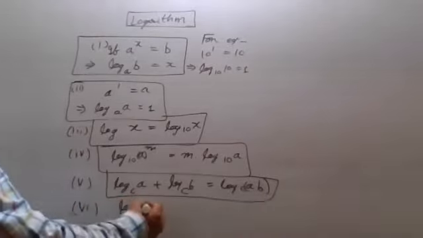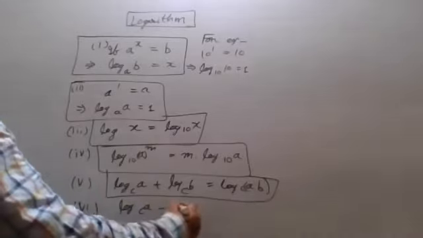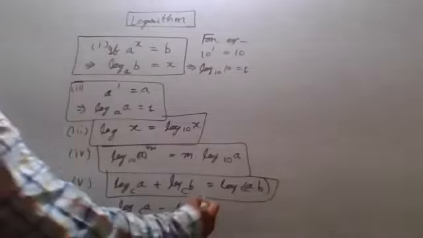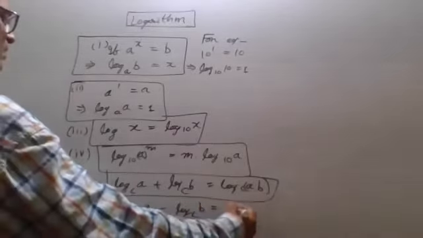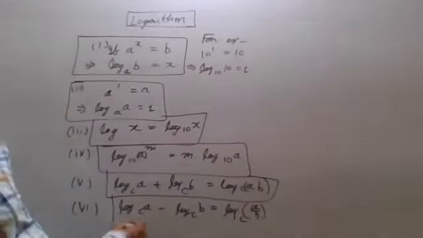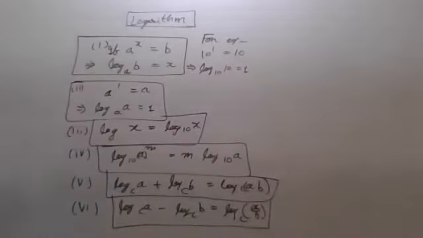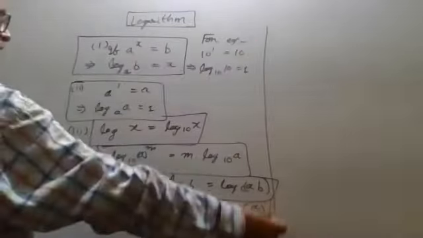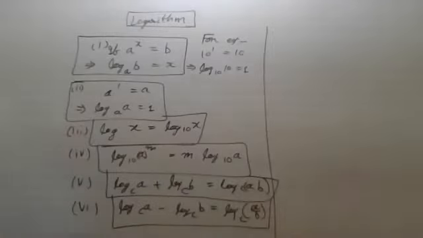One more property. First listen, then write. I am not telling you to write just now. Log a base c minus log b base c equals log a by b to the base c. This base will remain the same. Okay, everyone? And if the base is not the same, then we can't write it down.